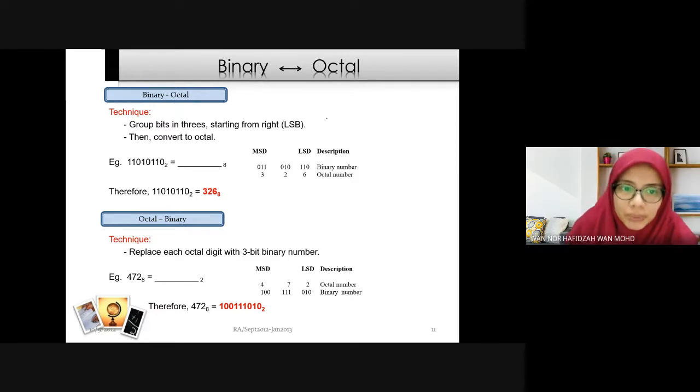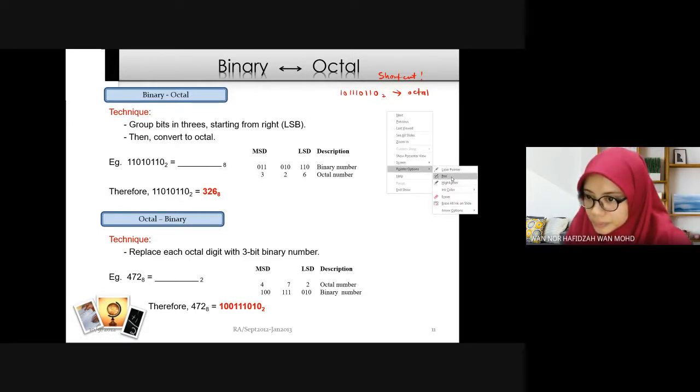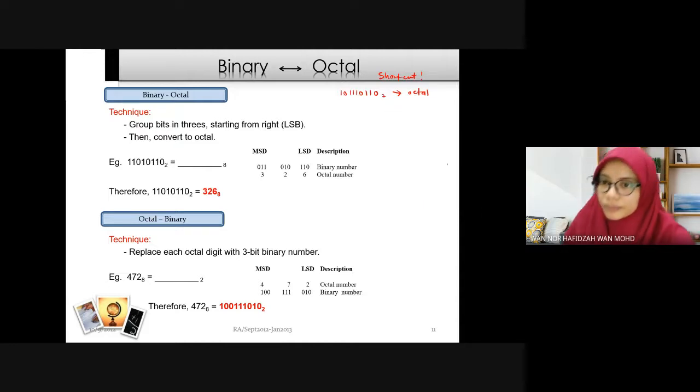Now, if you want to convert from binary to octal, we have the shortcut. What we need to do is group the bits in threes, starting from the LSB, and then convert into octal. For example, we have 10110110, base 2 into octal. So this is the shortcut. We group each 3 bits starting from the LSB.